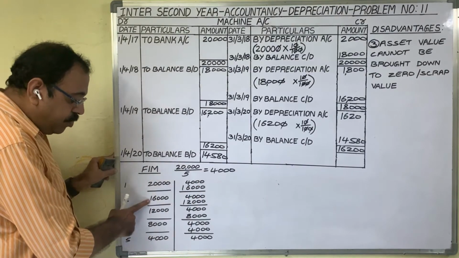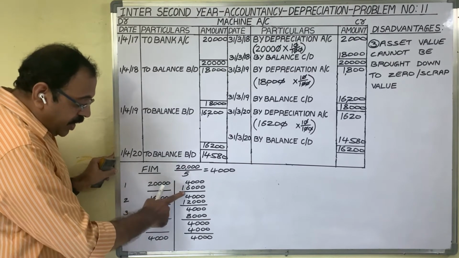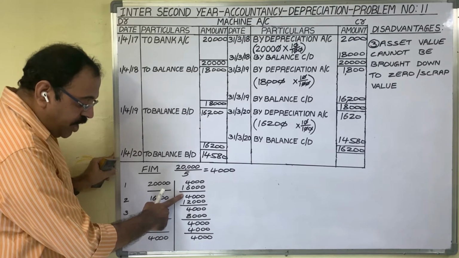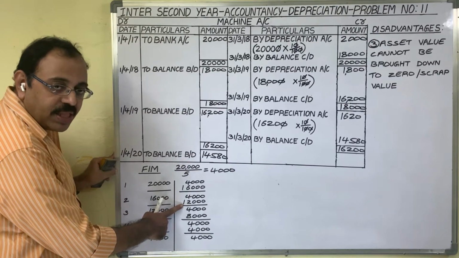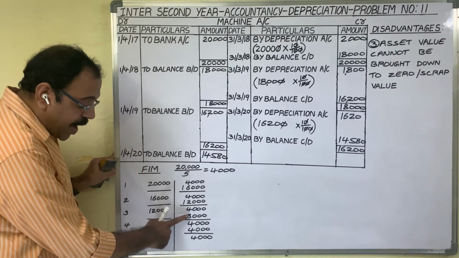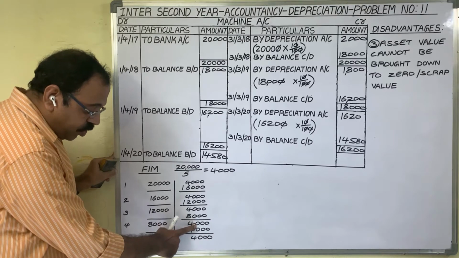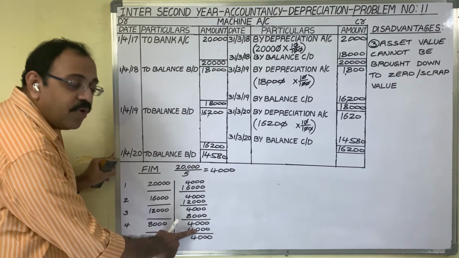Second year, if you bring that 16,000 balance on debit side, credit side depreciation 4,000, balance carried down 12,000. Third year, depreciation 4,000, balance carried down 8,000. Fourth year, depreciation 4,000, balance carried down 4,000.